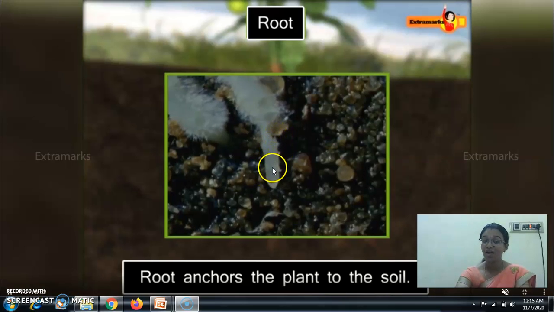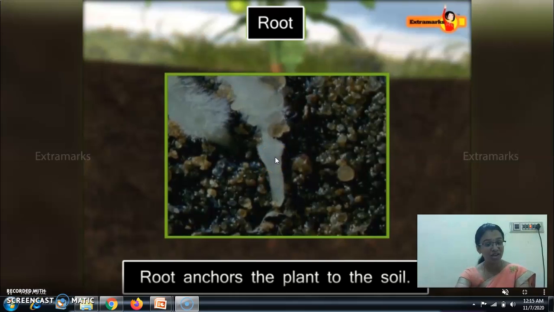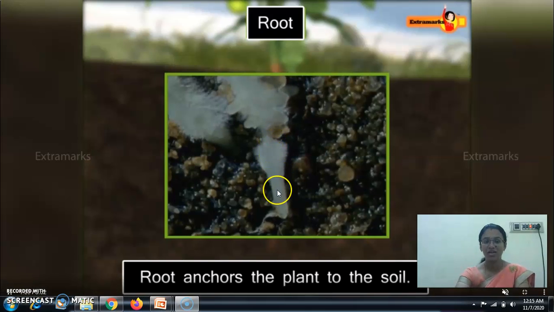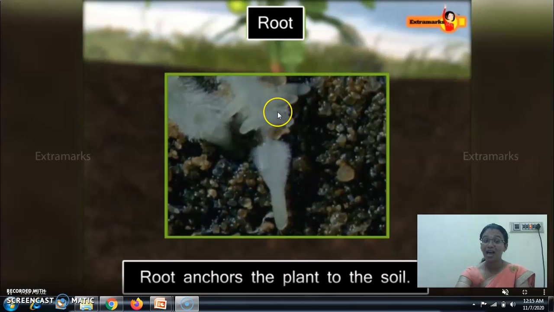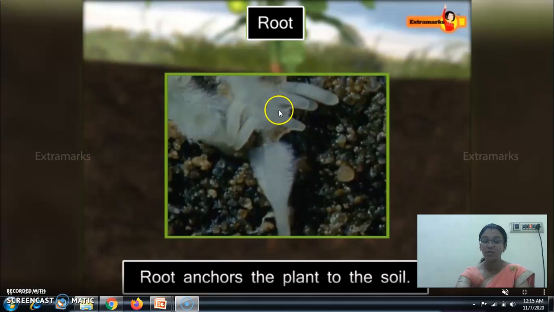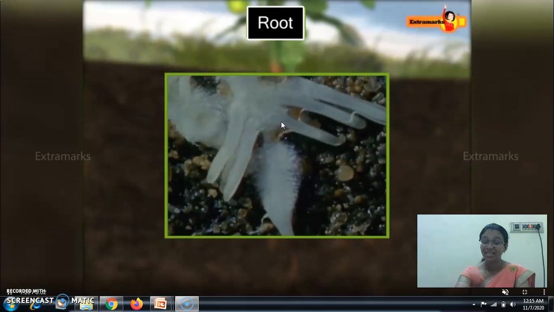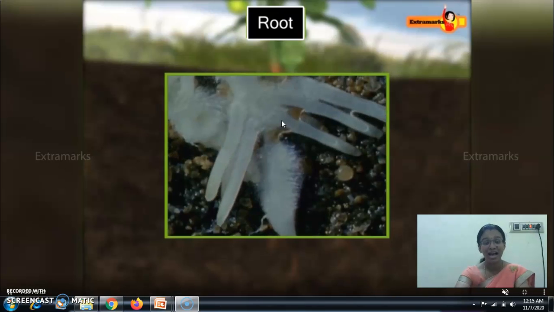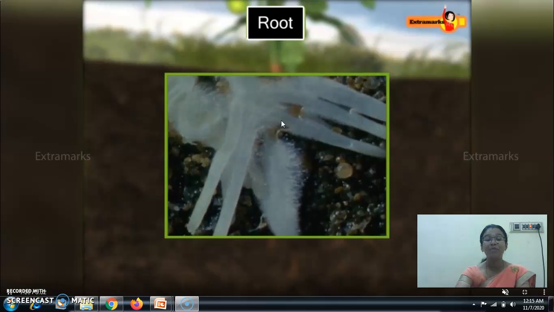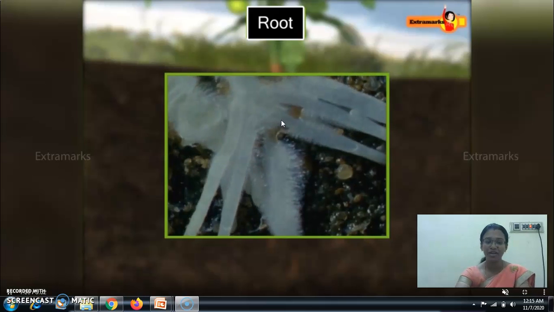The root hairs help in absorbing water and minerals from the soil. These roots elongate. Are you able to see the changes, children? Yes, these are root hairs which help in absorbing water and minerals from the soil.